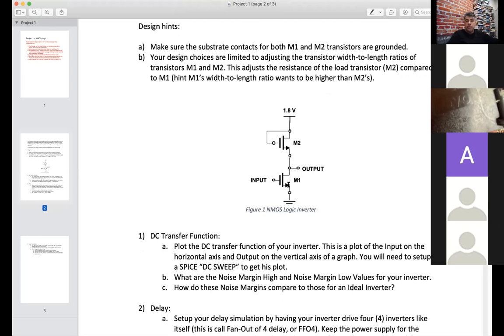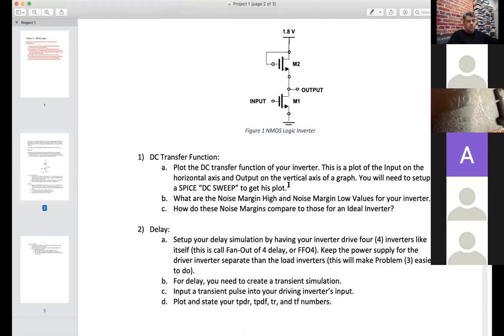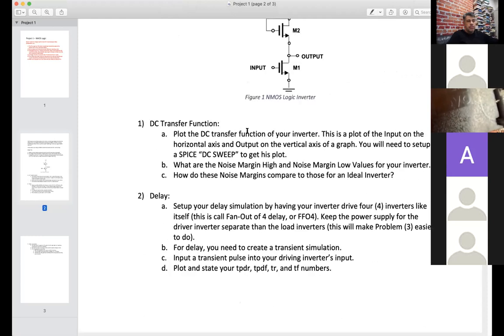Those are the two parameters you have to play with to get a transfer function or transient delay, etc. So there are 3 steps in this lab. The first one is you need to do a DC transfer function. Remember, the horizontal axis is the input, and the vertical axis is the output.